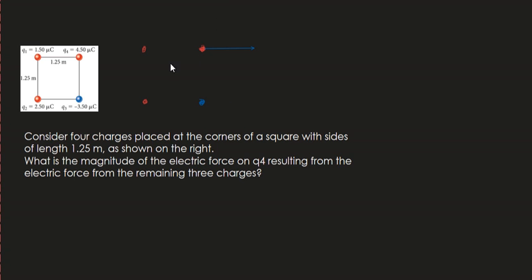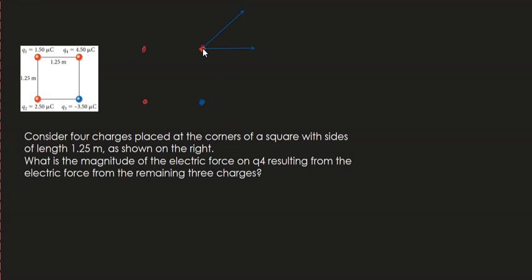Okay, next. Another one. From Q2 to Q4. They have the same charge. So from Q2, it goes straight. Then straight to the corner. Okay? So, that's it. Next, for our Q3 and Q4. From Q3 to Q4.